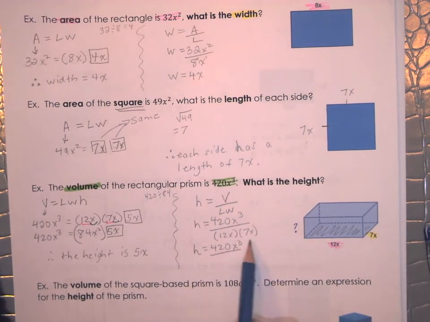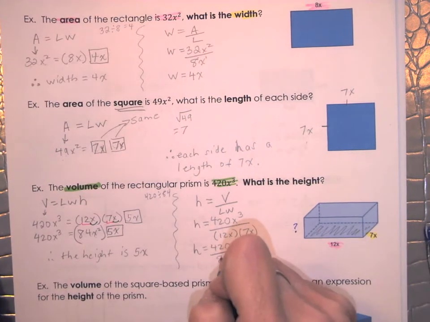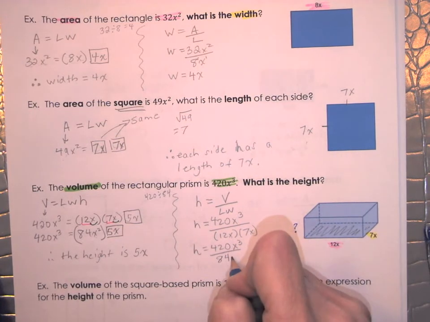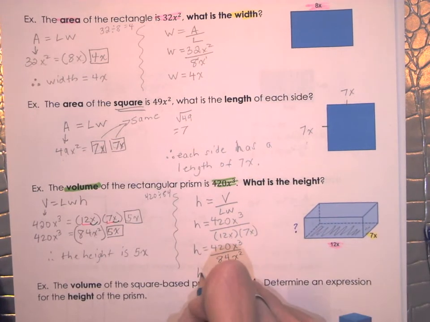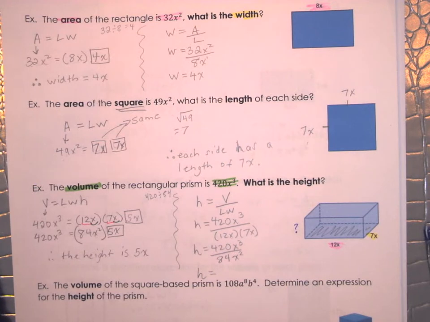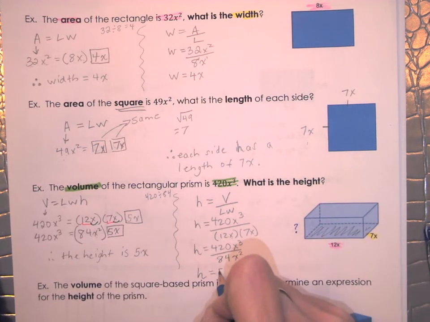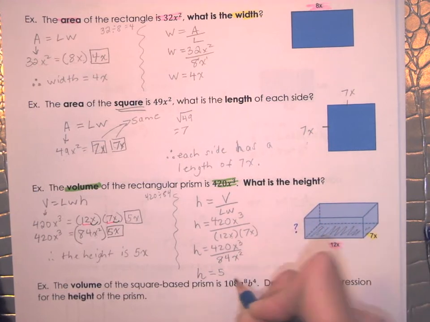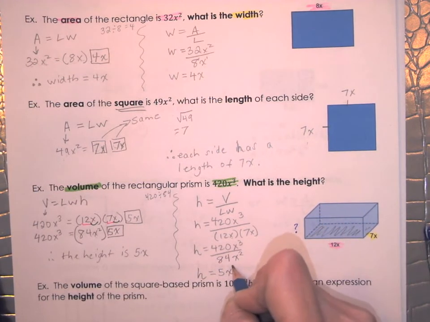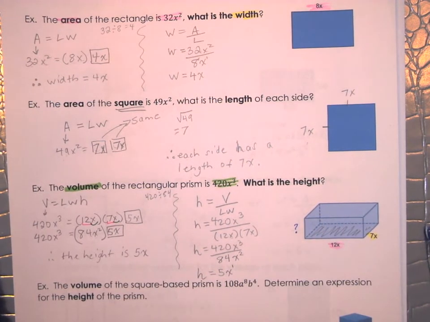And then we have to do the denominator first, simplify the denominator because of those invisible brackets. 12 times 7 is 84. X times x is x squared. And then we do our dividing using exponent rules. So 420 divided by 84 is 5. X cubed divided by x squared is x to the 1 because 3 minus 2 is 1.